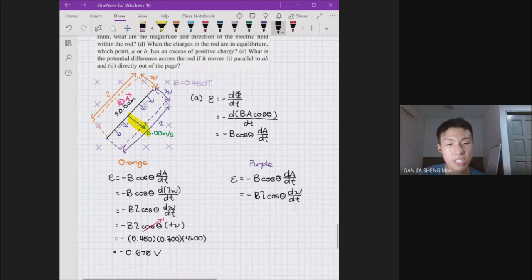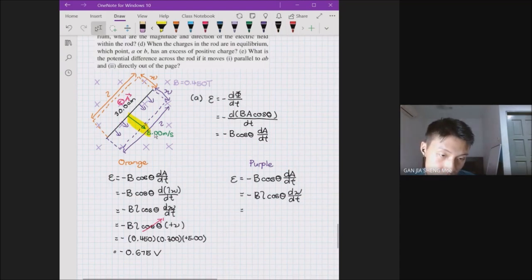Okay, but now you can see that the width is decreasing with time, causing the area to decrease with time. So dA/dt here should be a negative value because the area is decreasing. So d width/dt here should be negative because the width is decreasing. So therefore, you should expect a negative answer over here. That's why it should be negative of the speed over here.